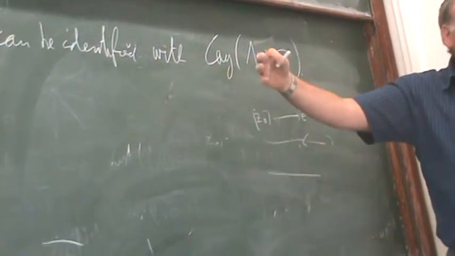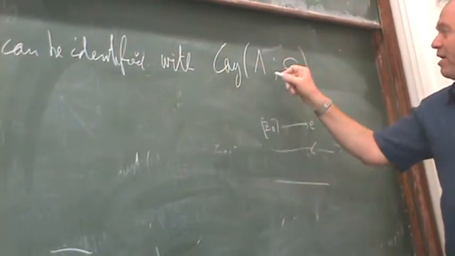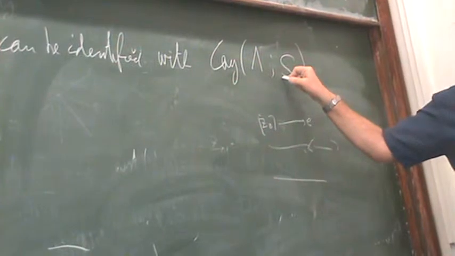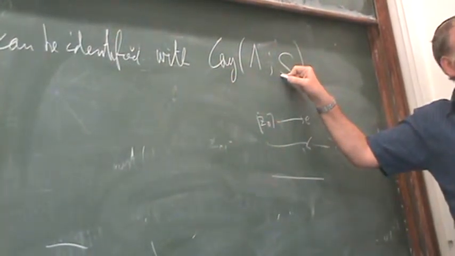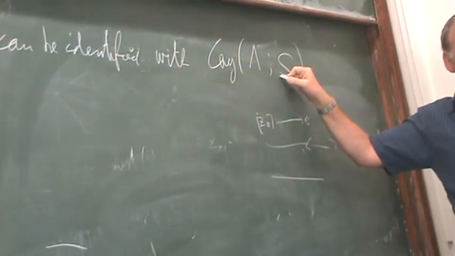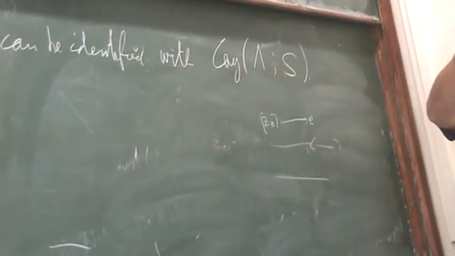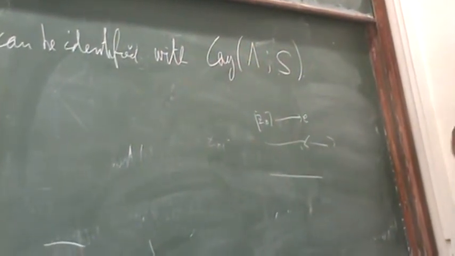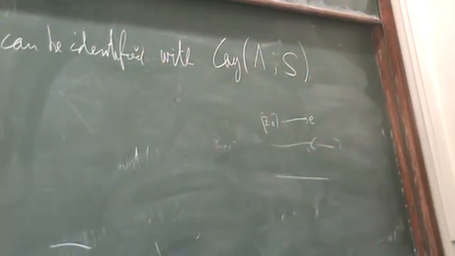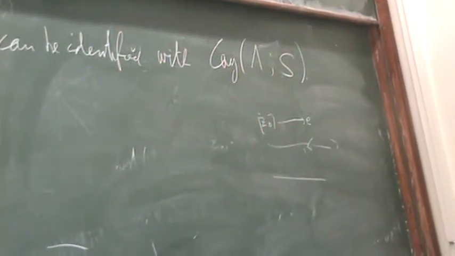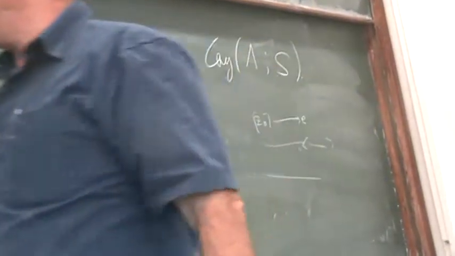And that's exactly the tree. Right? The Cayley graph of this is indeed the P plus 1 regular tree. But it's not just an abstract isomorphism. I have now a very clear way of associating elements from here to here.